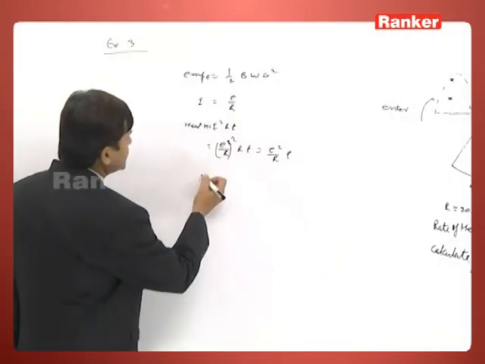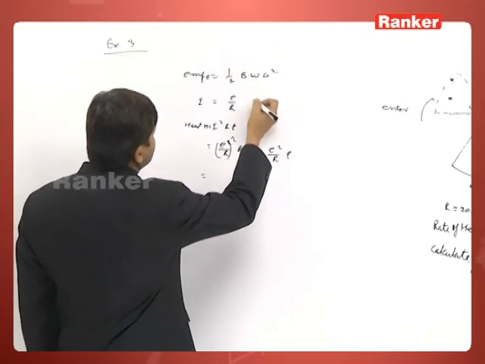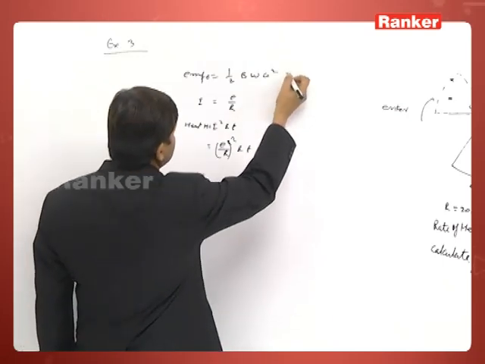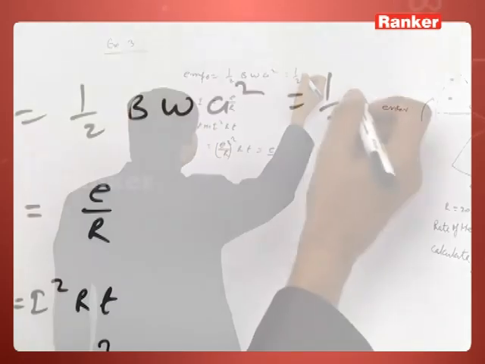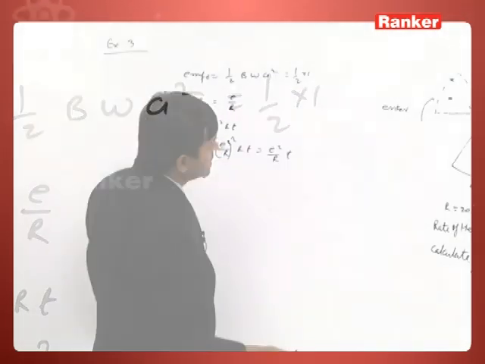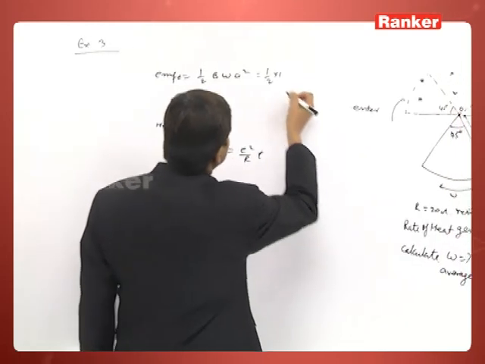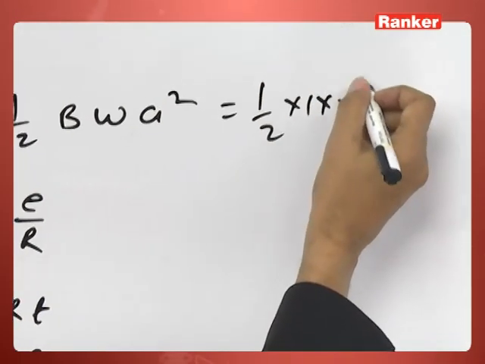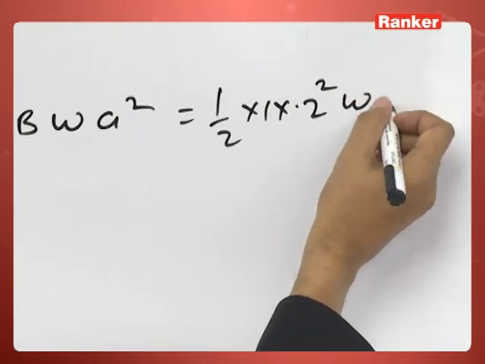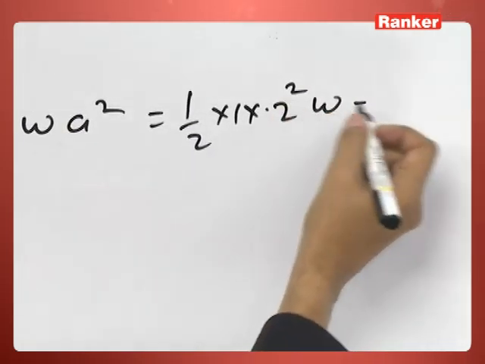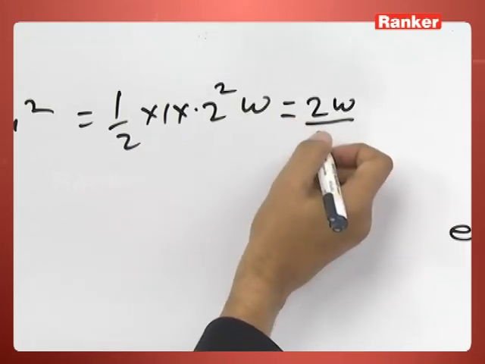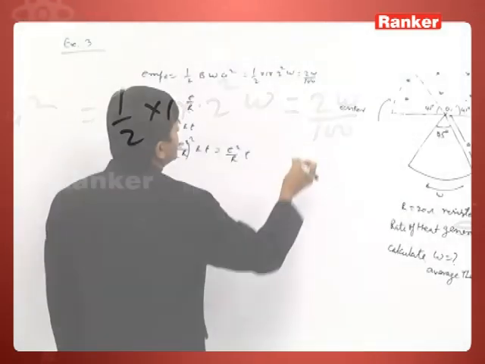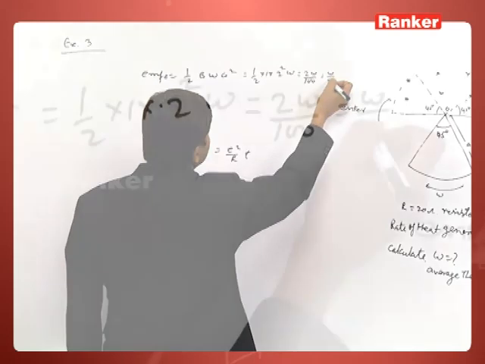So first of all, E square. The E value we can get here. Half B, the value is given as 1 Tesla. A is given as 0.2, 0.2 square, into omega. So this is 2 omega by 100, or omega by 50 we can say.